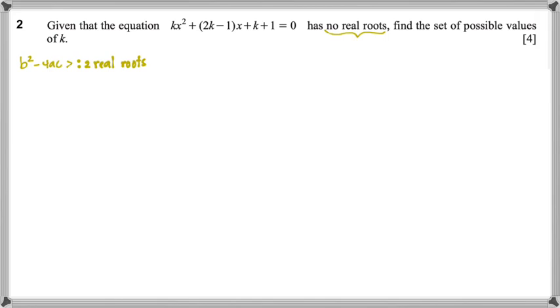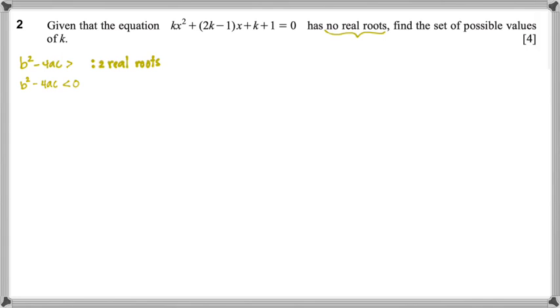And if the discriminant b squared minus 4ac is less than 0, oh, sorry, I didn't write that down.